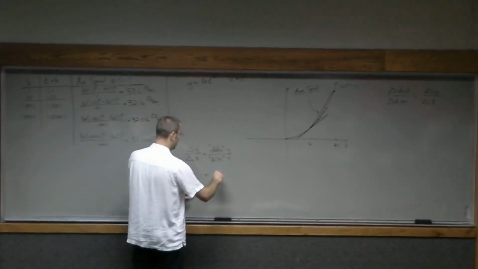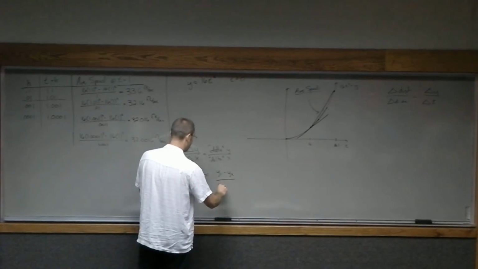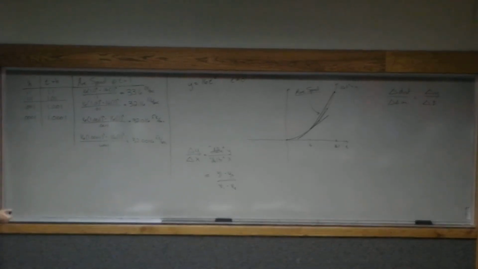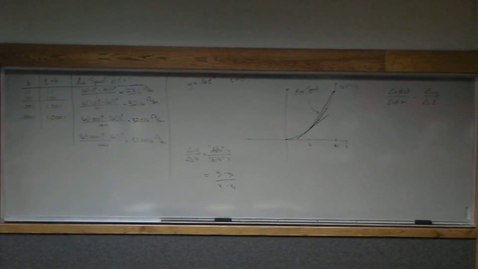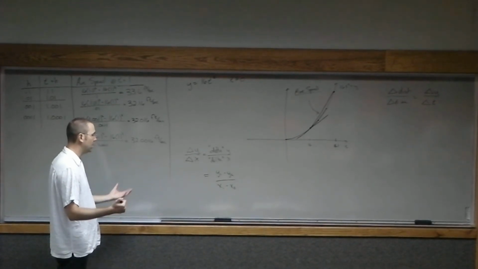Expression-wise, this is y1 minus y2 over x1 minus x2. In this form, it should be readily obvious that this is the slope of a line. That's what the slope of a line is. That's how we measure it.